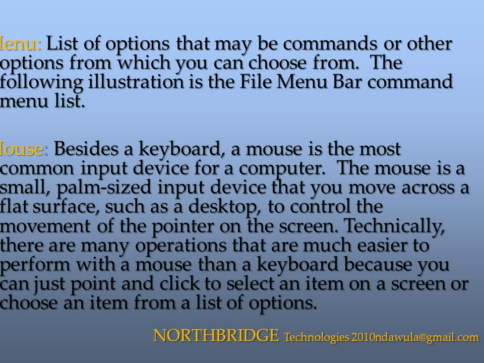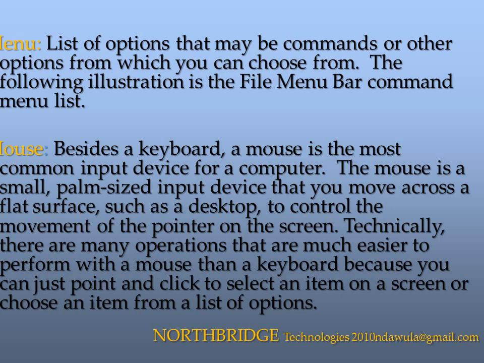Let's look at the mouse. Beside the keyboard, the mouse is the most commonly used input device. It's like on your phone, you might not be using a mouse, but you're using a touch screen. So touch screens and mouse are often used when it comes to computer systems. It could be the size of your palm, briefly flat on a surface.